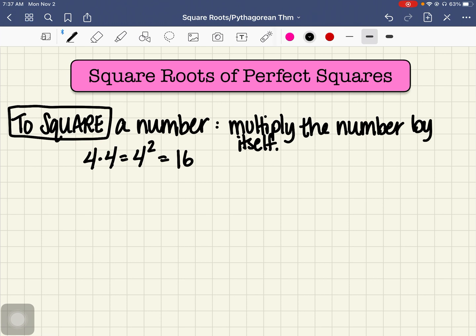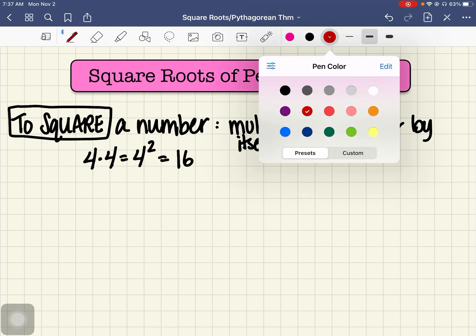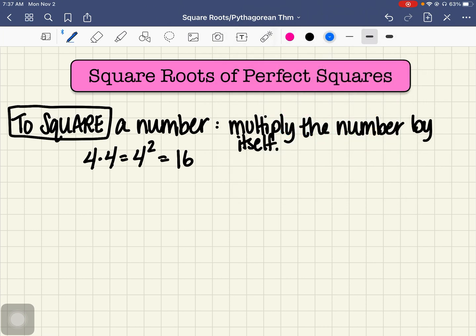So why do we call it square? Why do we say square it? Because what we're literally doing is we're making a square out of the number 4. So we're going to do 4 squares down, 1, 2, 3, 4, and 4 squares across, making a square. See, it's 4 down and 4 across.